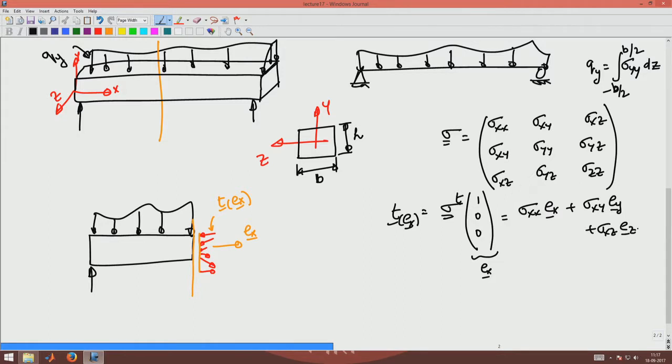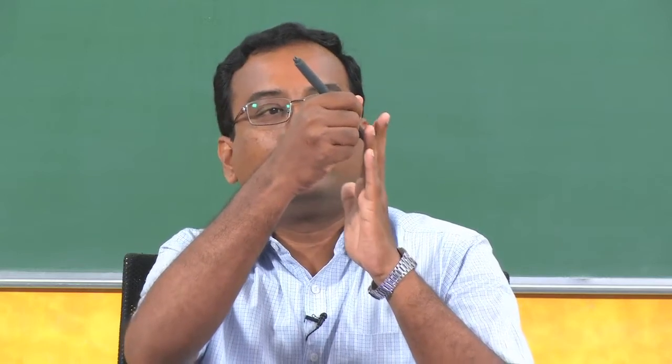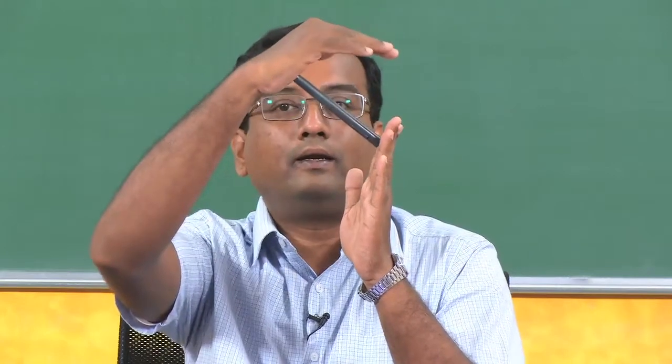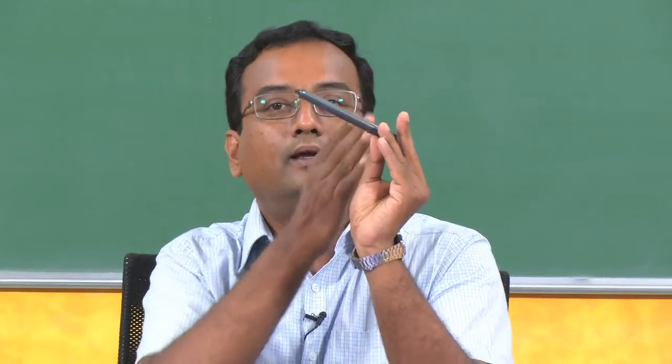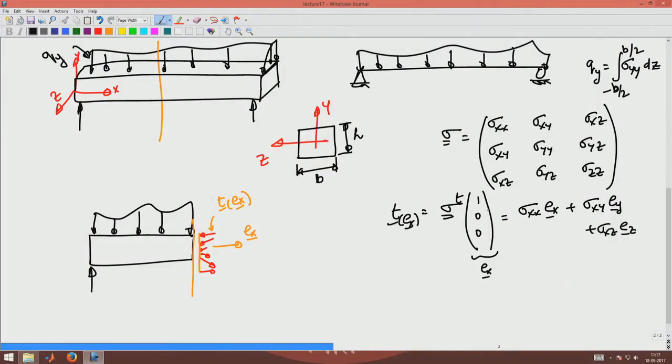So, what happens is in this cross section the traction can vary from point to point. It can have a 3-dimensional inclination like this, okay. It can have a 3-dimensional inclination like that, wherein there will be a horizontal component which is sigma xx, the vertical component will be sigma xy, and the component along this direction would be sigma xz, okay. So, that is what we get. This is what we saw even when we were interested in drawing the stress cube and things like that, okay. So, we got the traction to be this.